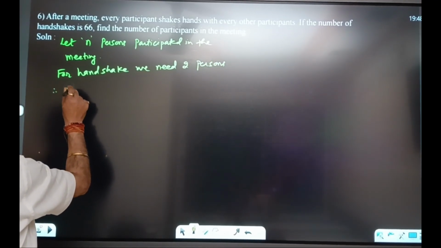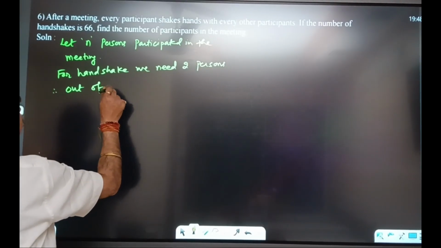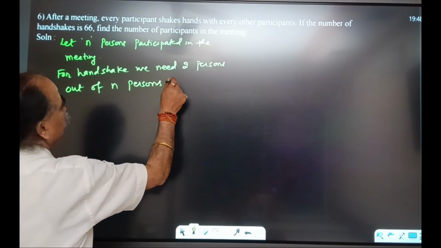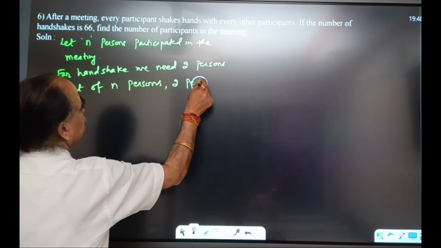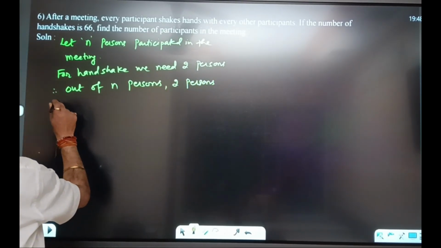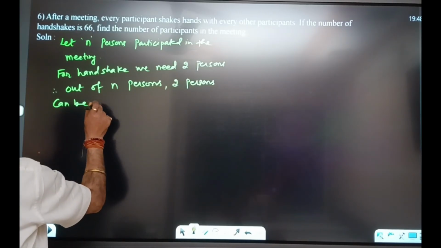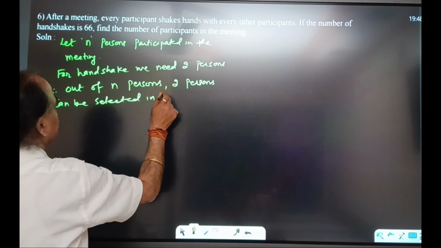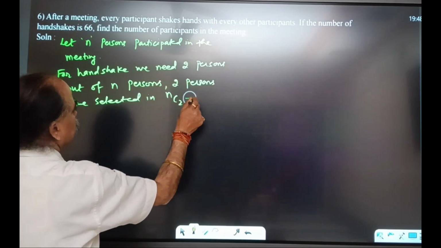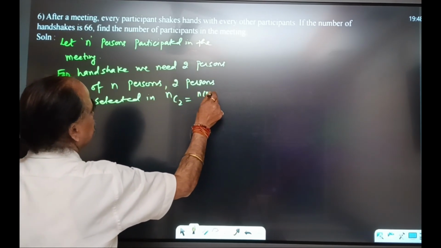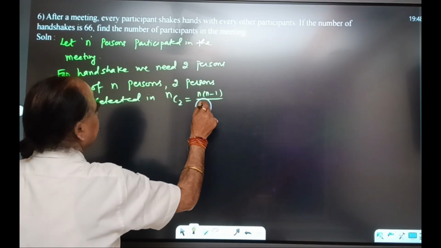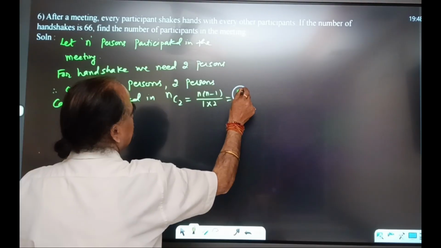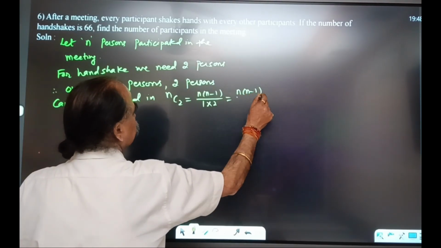Therefore, out of n persons, two persons can be selected in nC2, which is n into n minus 1 upon 1 into 2, which is n into n minus 1 upon 2.